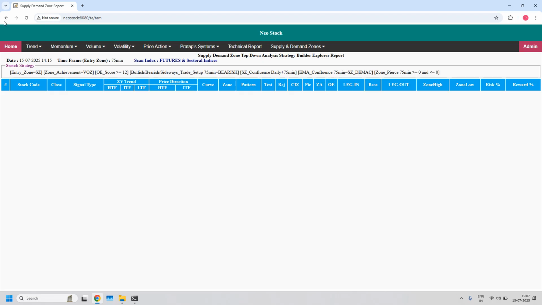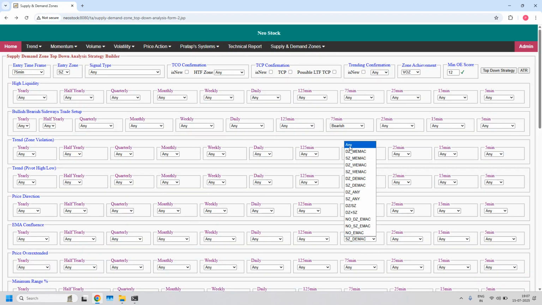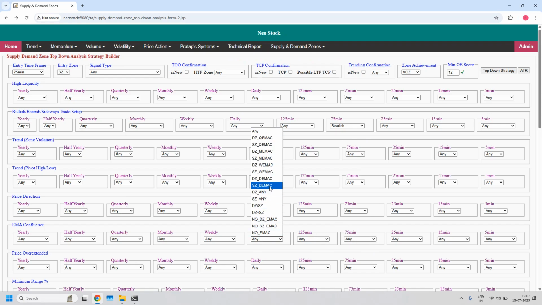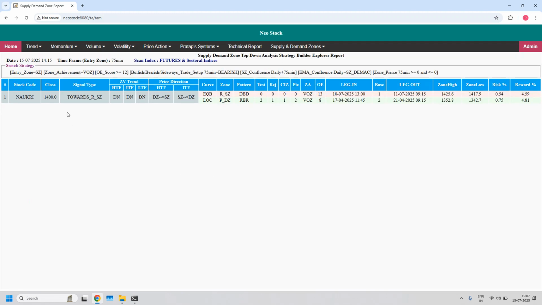This is not 75, it is daily supply zone, and I have to verify the daily supply zone with daily EMA, because the 75 minute supply zone overlapped with daily. So that's why 1 stock we got. Probably this could be a higher probability trade setup supported zone, provided less than 20 checklist items are satisfied.